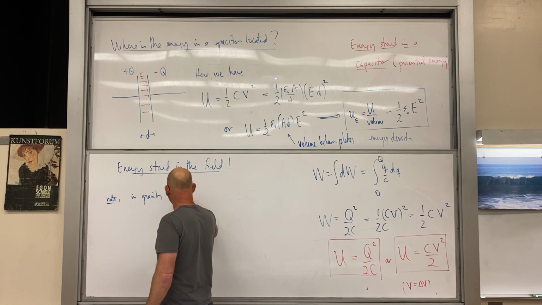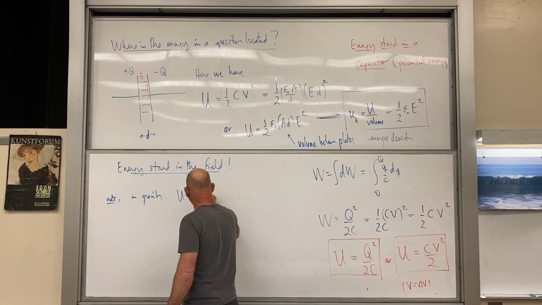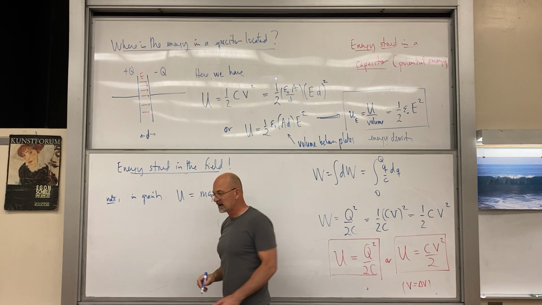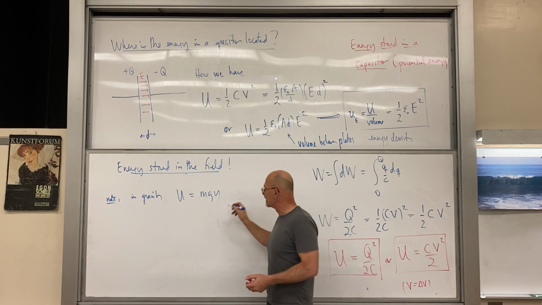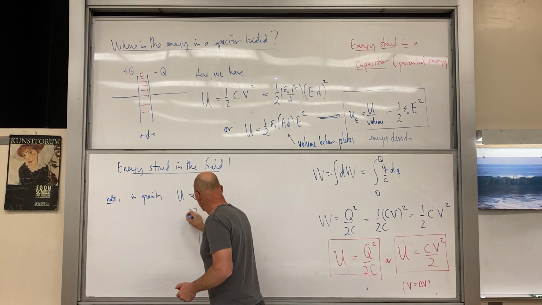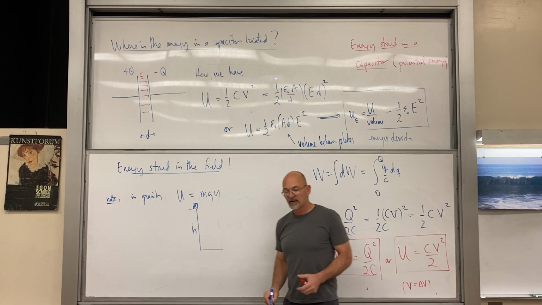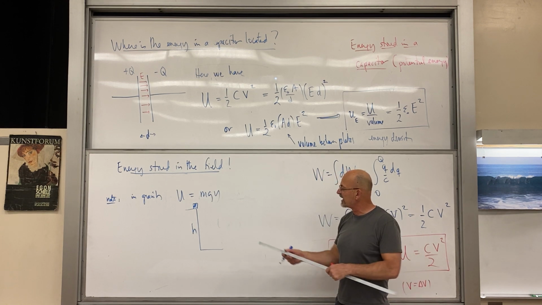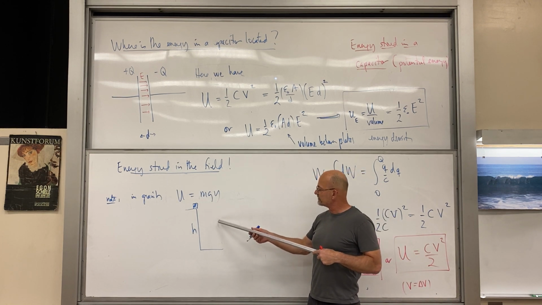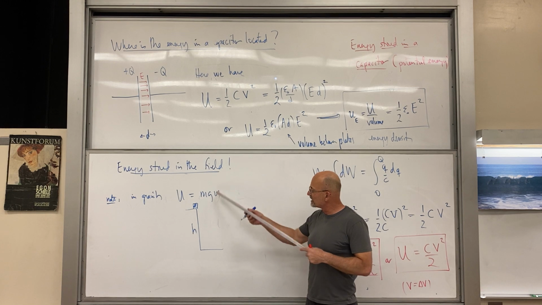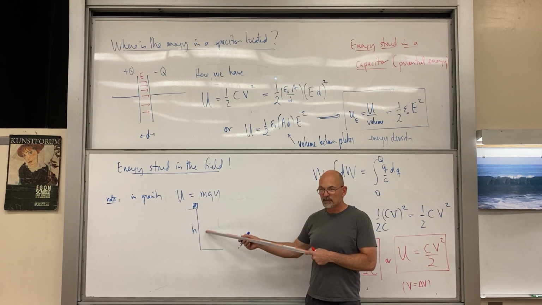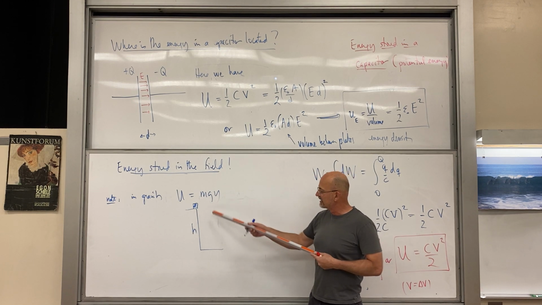With gravity, we say potential energy is mgy plus a constant. Suppose we have a mass on the top of a cliff of height h. We're not even led to the idea that the potential energy is stored somewhere in the air or in that height difference.